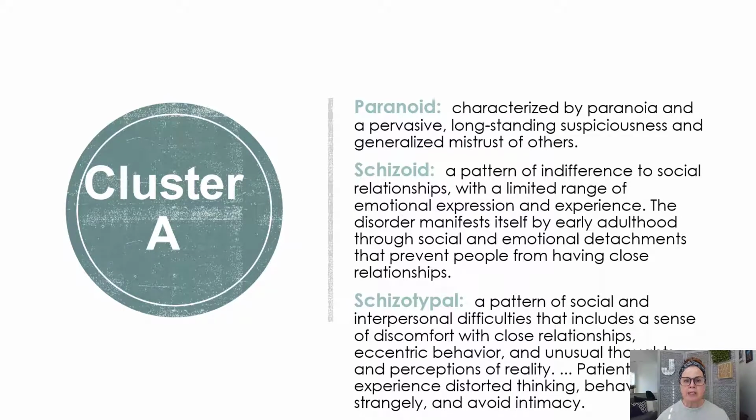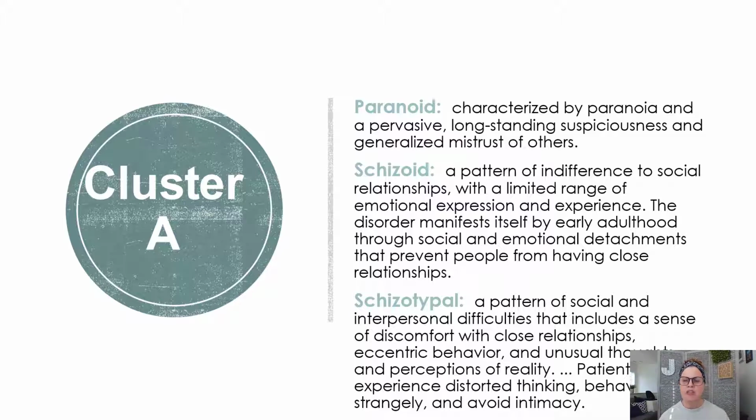The third one in this cluster is what's called schizotypal. And this is a pattern of social and interpersonal difficulties that includes a sense of discomfort with close relationships. There's often eccentric behavior and unusual thoughts and perceptions of reality.